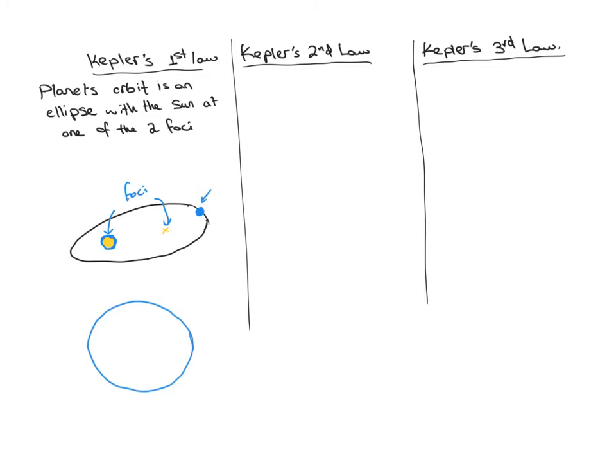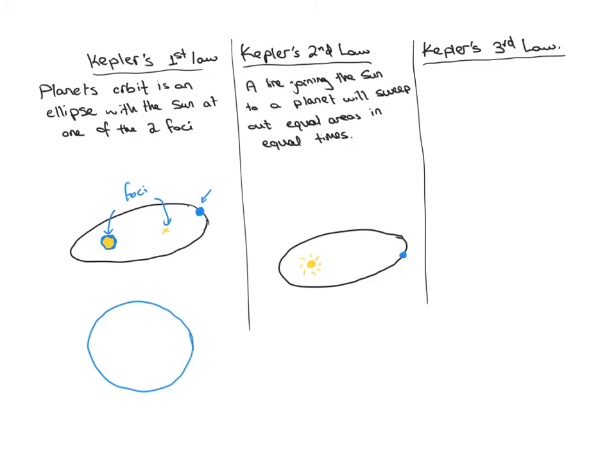Then we're going to look at the second law. His second law says that a line joining the sun to a planet will sweep out equal areas in equal times. Meaning that if we have a planet here and we draw an imaginary line between the sun and the planet, and the planet moves here, and it takes, let's say, 100 days, so that's the equal time.